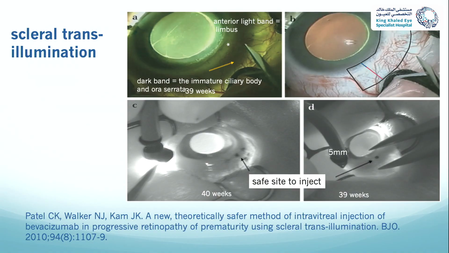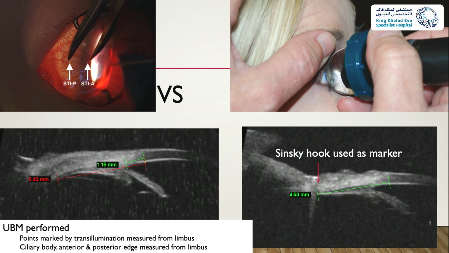But then I talked to him and said, well, that's good, but how do you know for sure that's the case? So we decided together to use the UBM to confirm if what he thinks is the location of the midpoint of the pars plana is actually the case. UBM should be the gold standard.